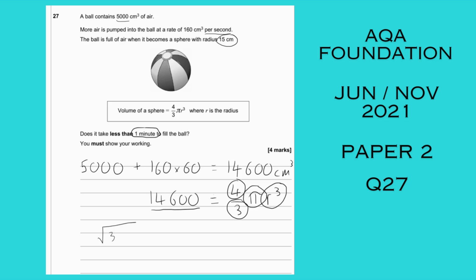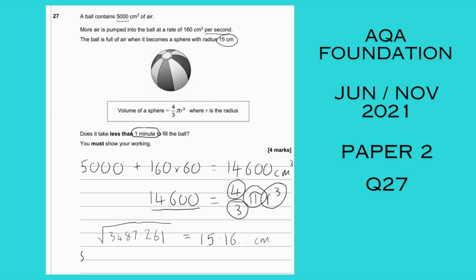And then at the end, we're going to need to cube root our answer. I get 3,487.261 and so on. Cube root that answer, and you're getting 15.6 and so on.